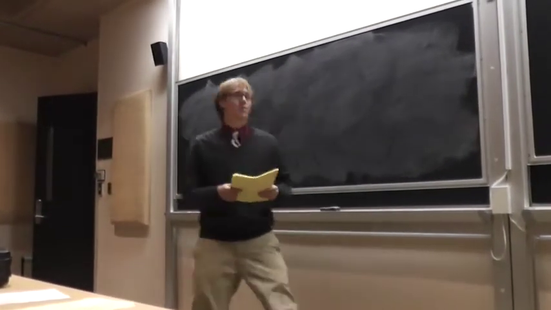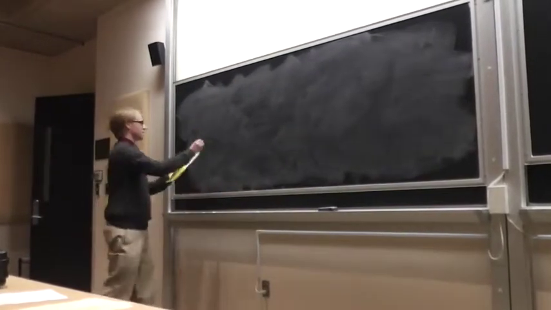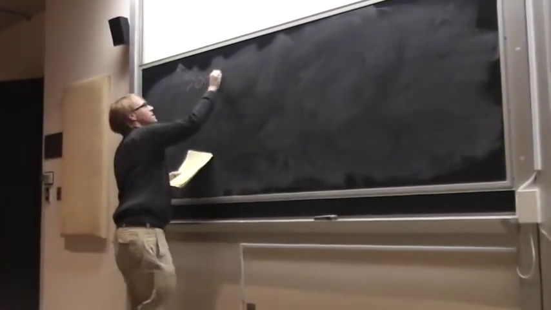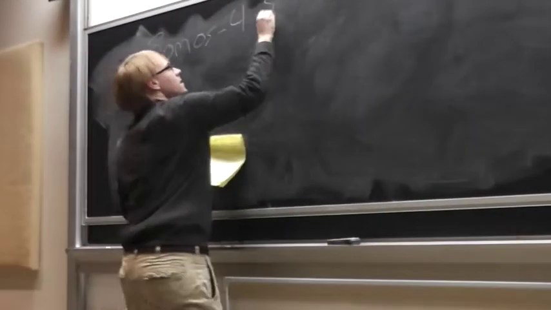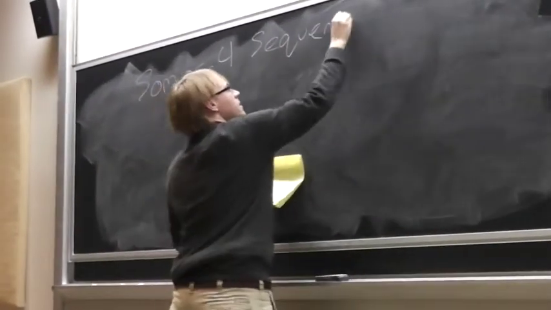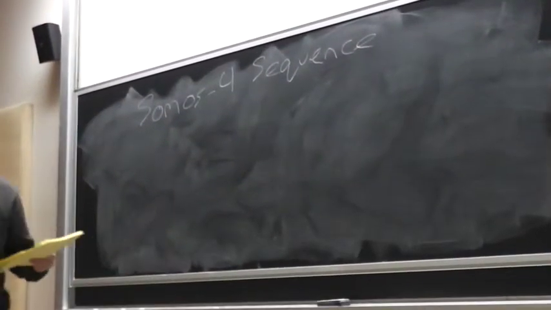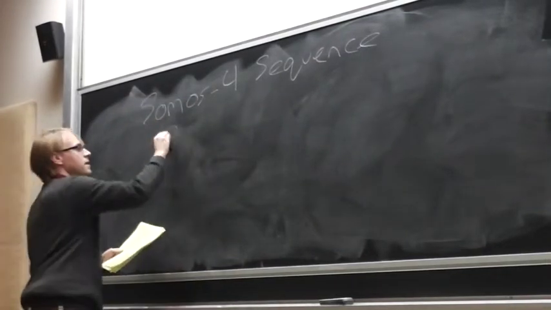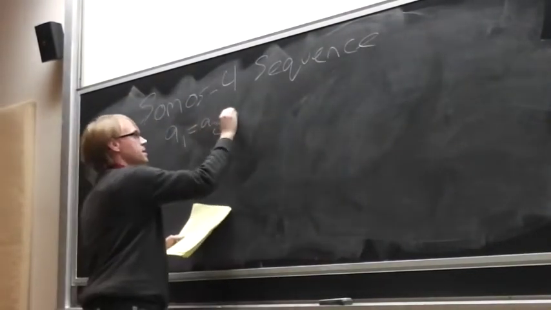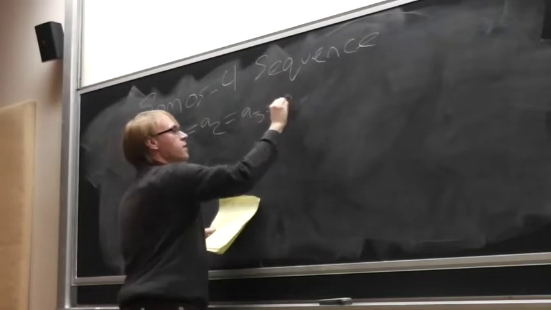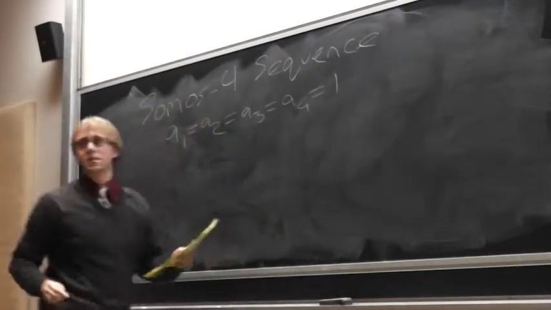So we're going to start off by looking at the Somos-4 sequence. This is a sequence of numbers where we define a sub 1 is the same as a sub 2. We start off with four 1s at the start.